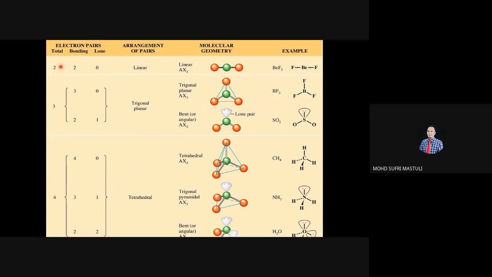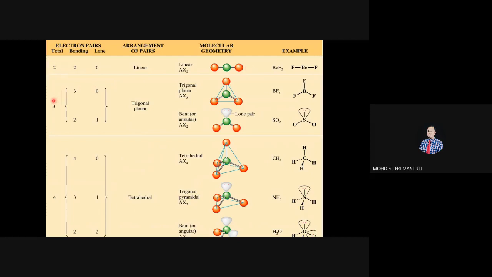If we have an electron domain of 2, the 2 plus 0, no lone pair, so the electron domain geometry is linear, so the molecular geometry is also linear.